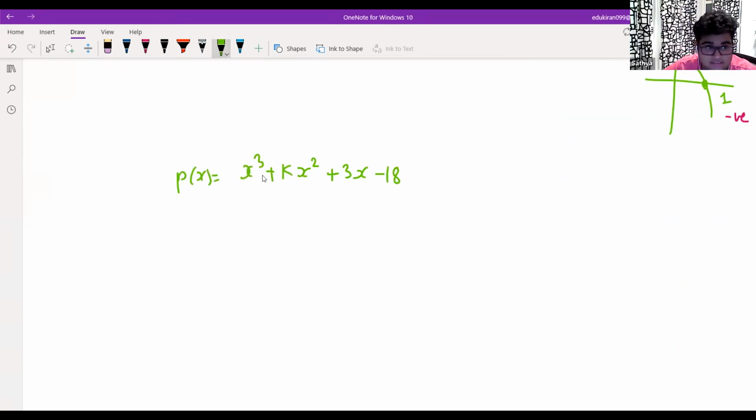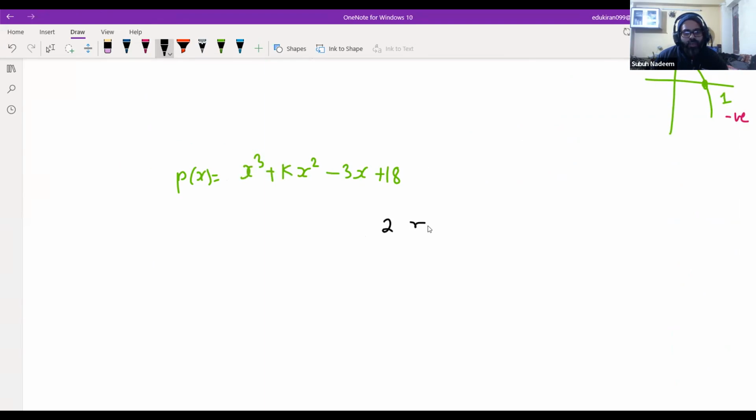Yep. So what you need to do is find the value of k if it has two real and equal roots. It is also important that you find the k value and all real roots.